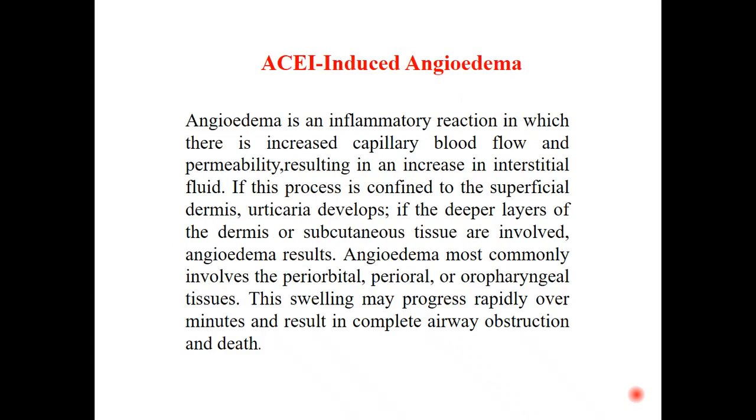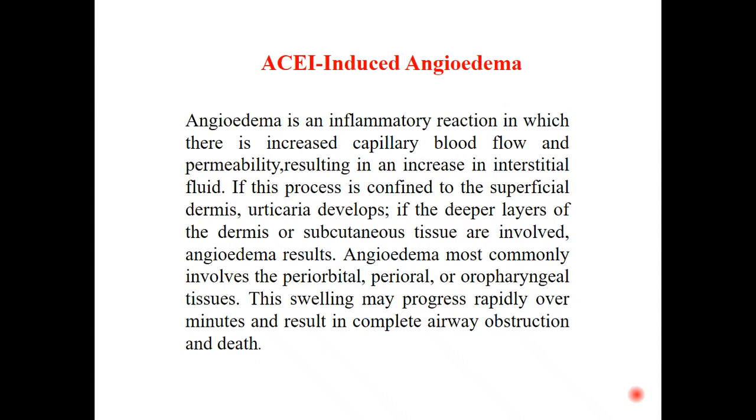Angiotensin converting enzyme induced angioedema. Angioedema is an inflammatory reaction in which there is increased capillary blood flow and permeability, resulting in an increase in the interstitial fluid. So, if this process is confined to the superficial dermis, urticaria develops, or if the deeper layers of the dermis or subcutaneous tissue are involved, angioedema results.